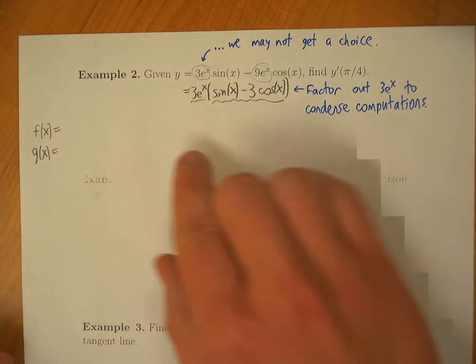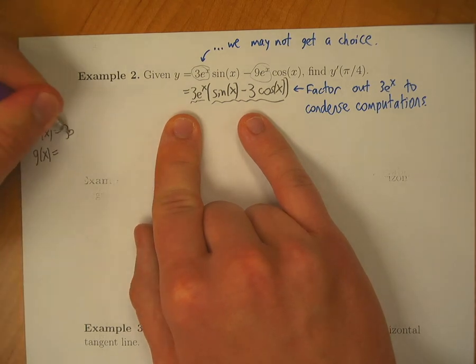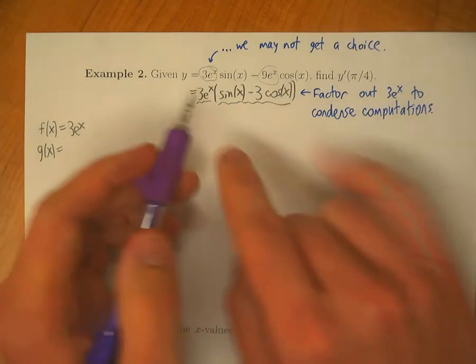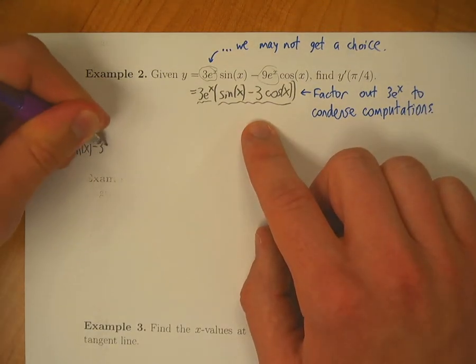If we break it up into these two functions, f of x should be 3e to the x. And then g of x should be the rest of it, right? So we have sine of x minus 3 times cosine of x.